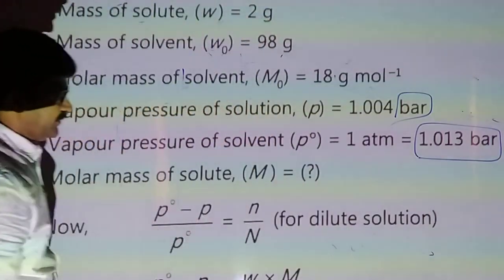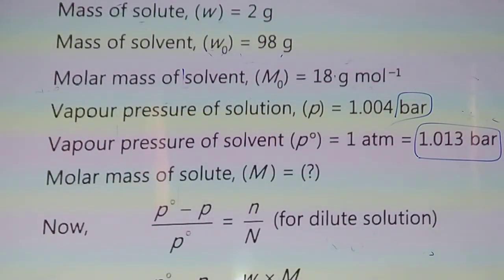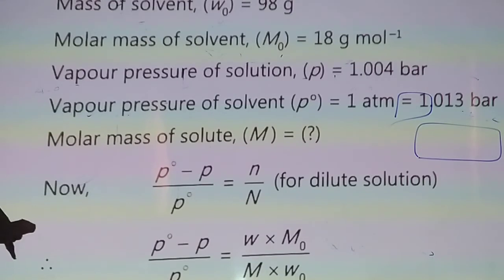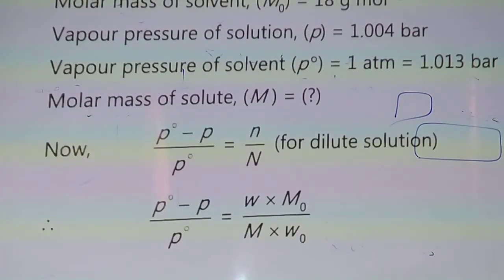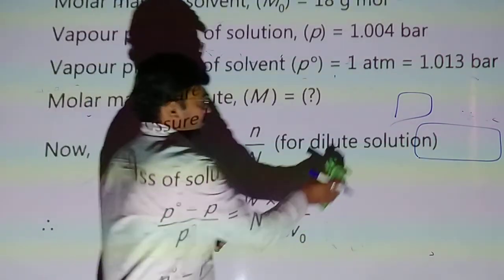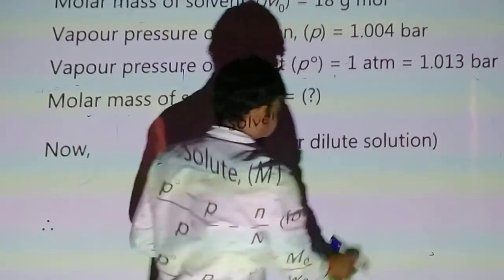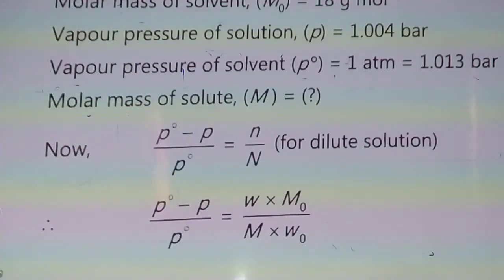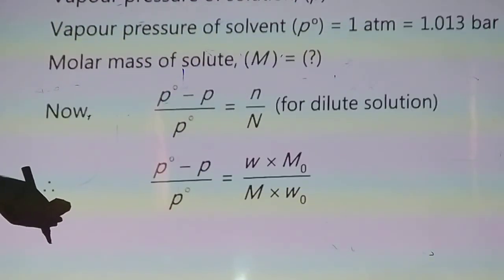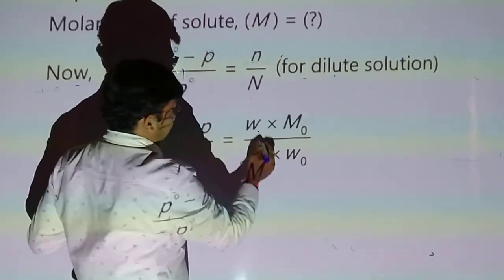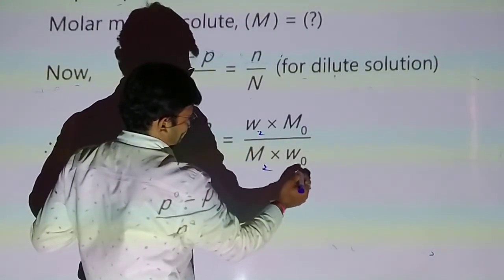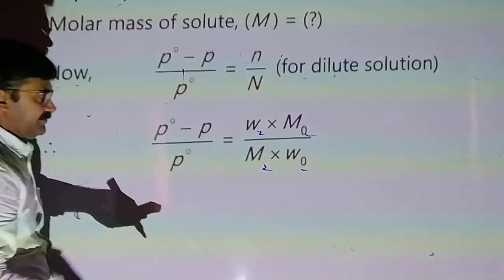Pure water 1.013, solution 1.004. So molar mass of solute from Raoult's law: P degree minus P upon P degree equals n upon N. For dilute solution, P degree minus P upon P degree equals W upon M of solute upon W upon M of solvent.